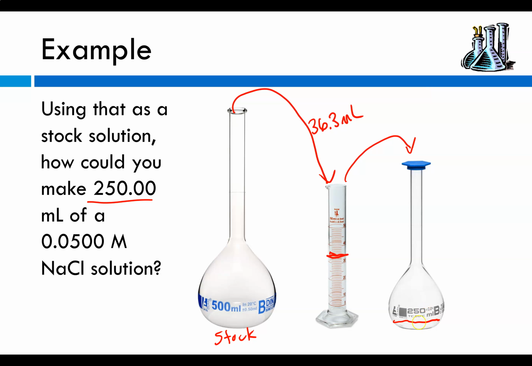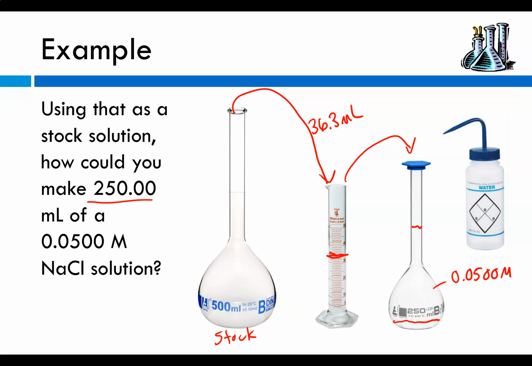It's still that 0.34-ish molar stock solution. Now what do I do? I'm going to add more solvent. In this case, it just happens to be water, until I get to that fill line. And then at that point, I'll have my 0.0500 molar solution of sodium chloride.